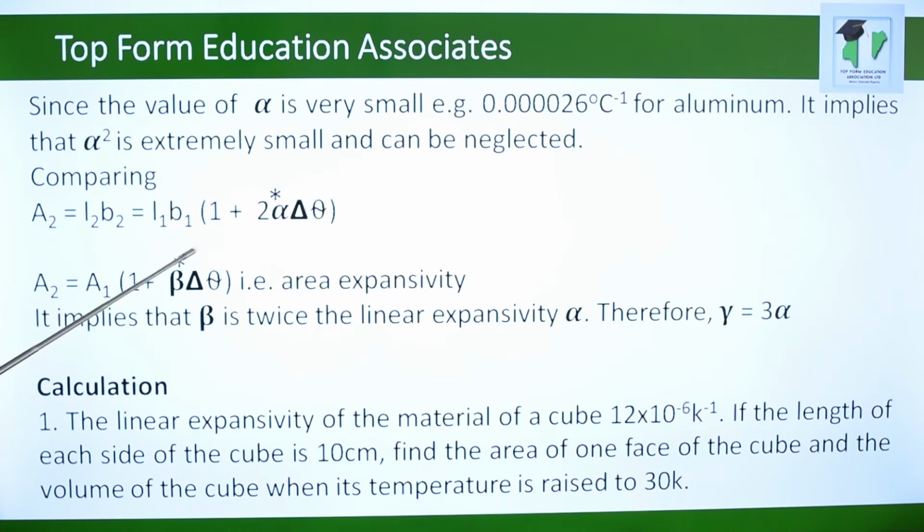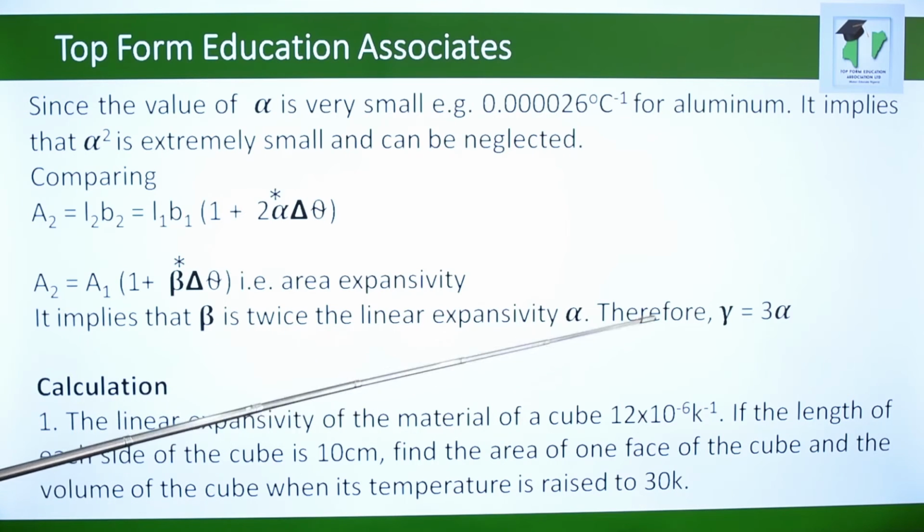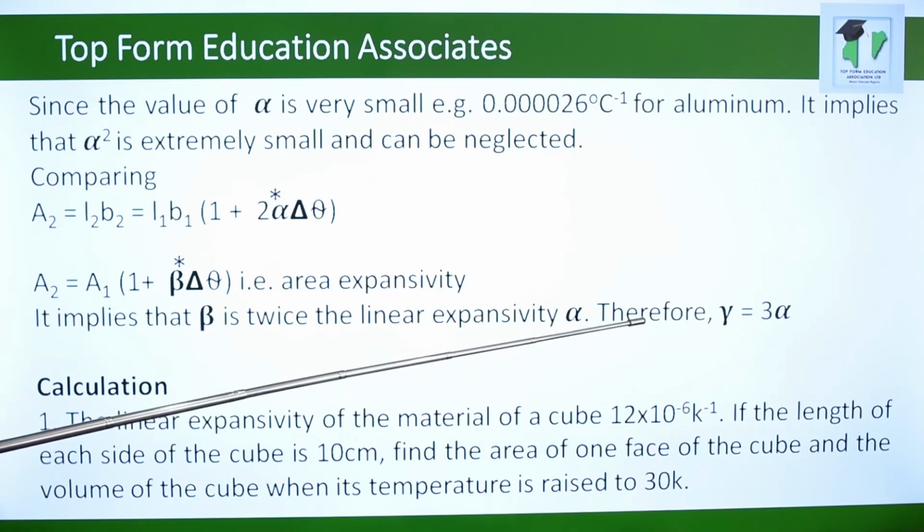Then we'll have 1 here. The whole of this, 2 alpha, gives you beta, and then we have change in theta. So it implies that beta is twice the linear expansivity, that is 2 alpha. Therefore, if beta is twice the linear expansivity, gamma is 3 times the linear expansivity.